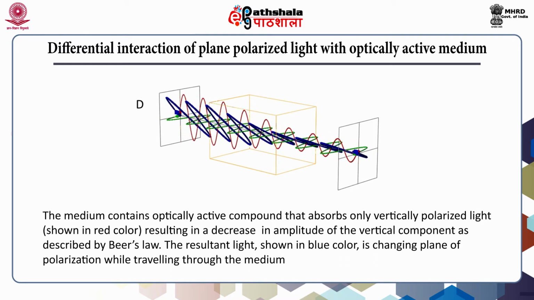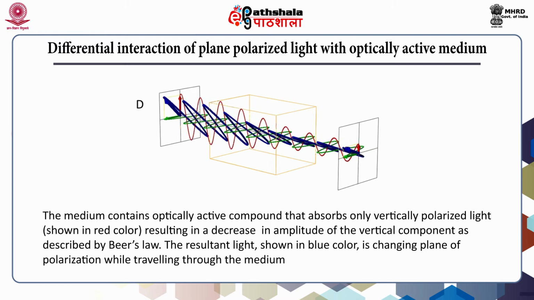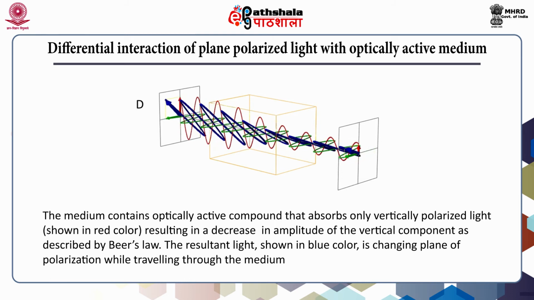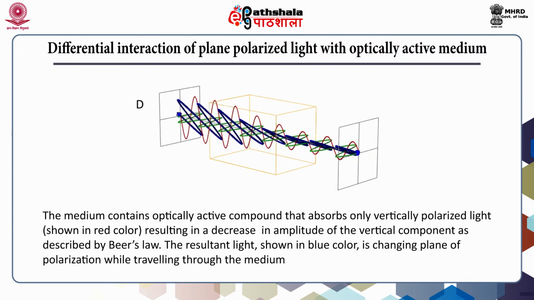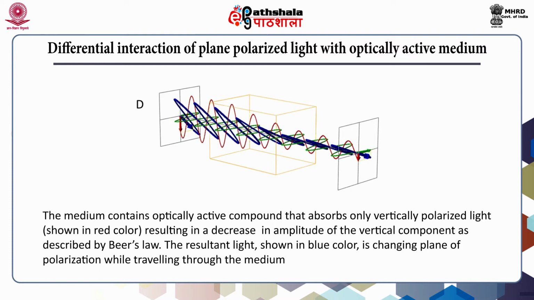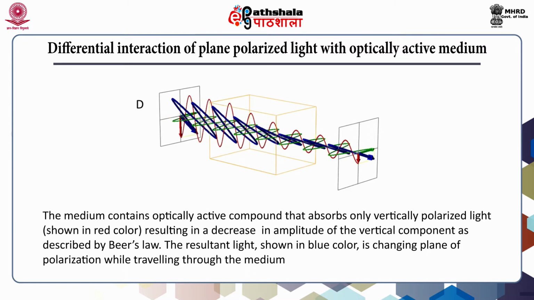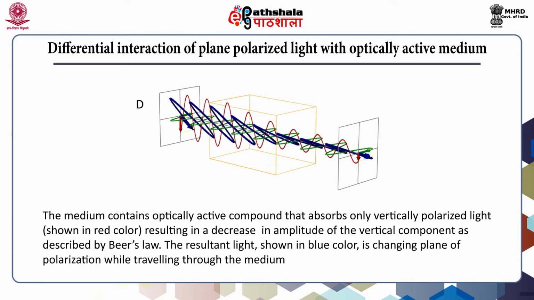You may notice another interesting phenomenon going on in the box. The resultant wave shown in blue color is continuously changing the orientation of its electric vector with respect to the electric vector of the component lights, in such a way that it seems to rotate toward the electric component of the non-absorbed horizontal wave, that is the green light.